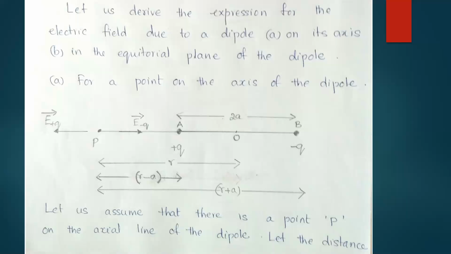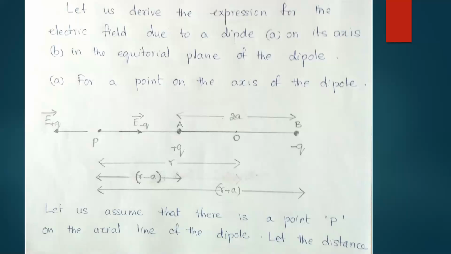A to B is 2a. Therefore, AO is equal to a and OB is equal to a. Therefore, O to P is r. Therefore, A to P is r minus a. Similarly, B to P is r plus a.